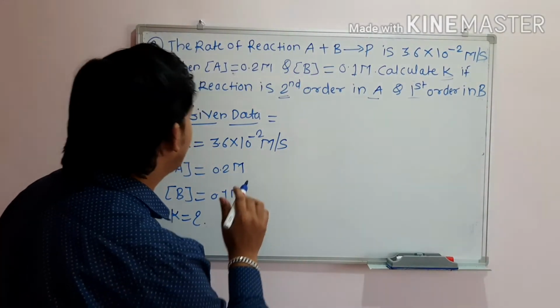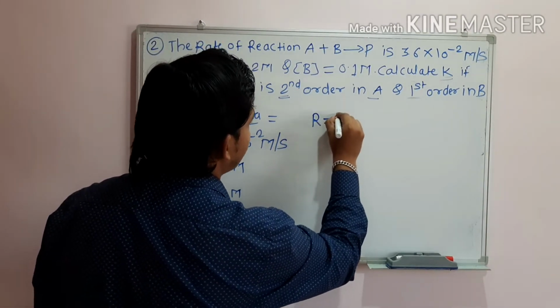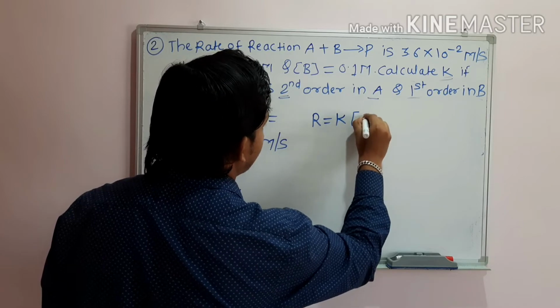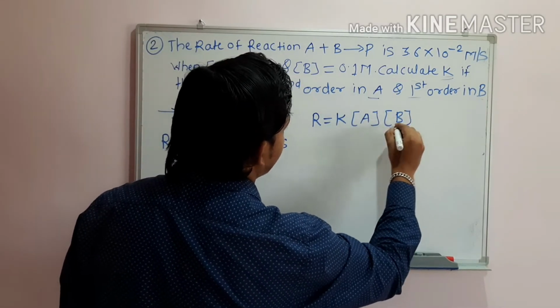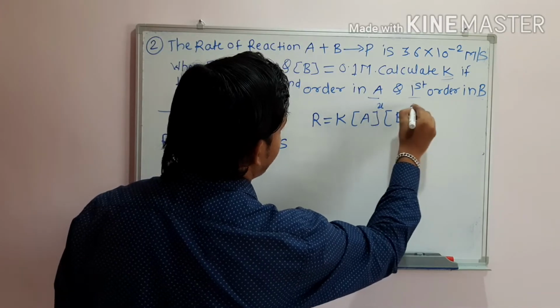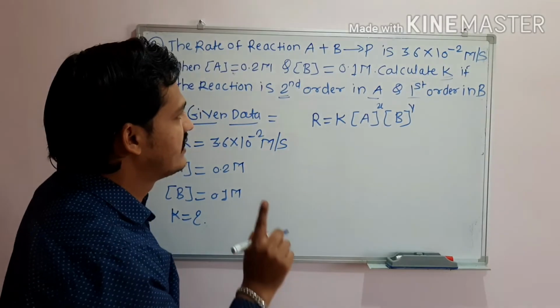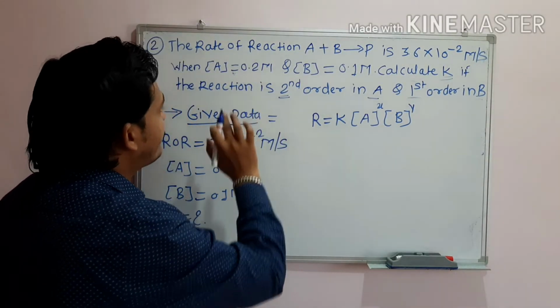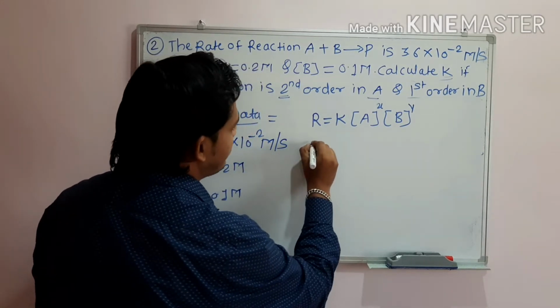So now how to write the general equation? R is equal to K [A]^x [B]^y, where x and y are the exponents. Please remember that. Okay, this is the general equation. Now with that format, I want to write the correct rate law for this reaction.